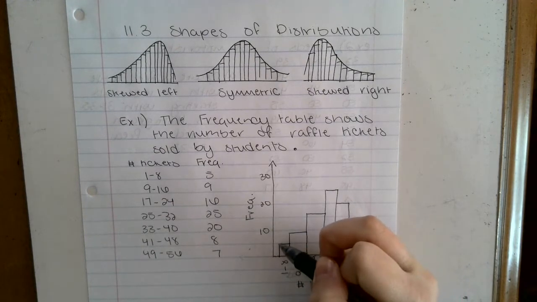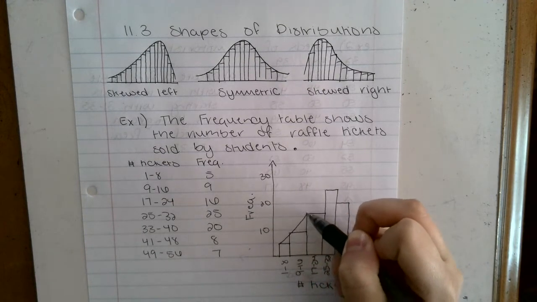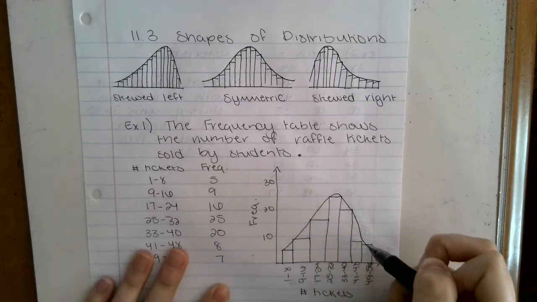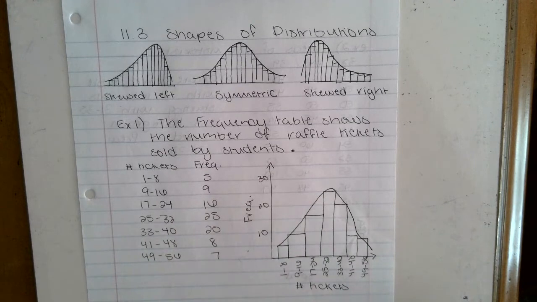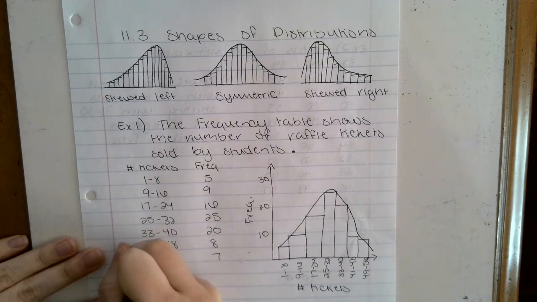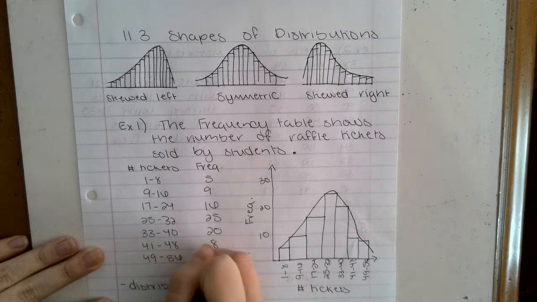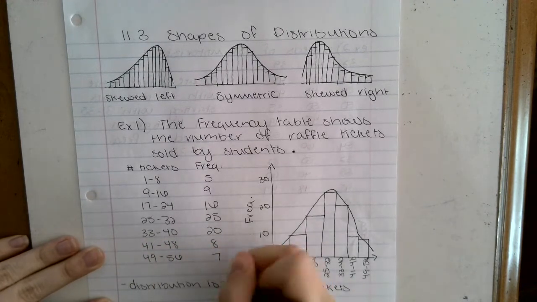If I were to just draw a little curve above this, I would see that I really don't have any tails at all. So the closest one that this would fit into is, I would say, symmetric. So we could say the distribution is symmetric.